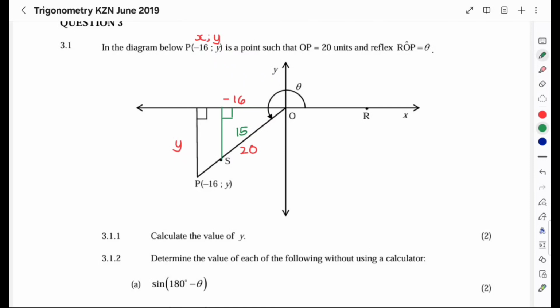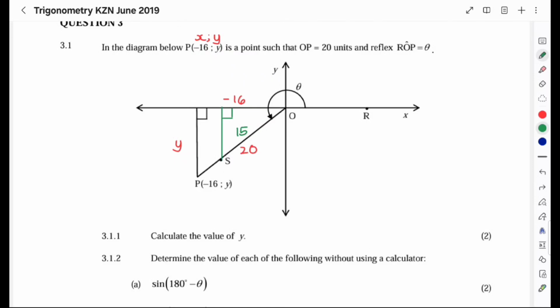Something that is important to take note of is that the angle theta for both the larger triangle and the smaller triangle is the same. So this is the angle theta. As you can see, it is the same for both triangles. So we can use simultaneous equations and their ratios to calculate x and y.